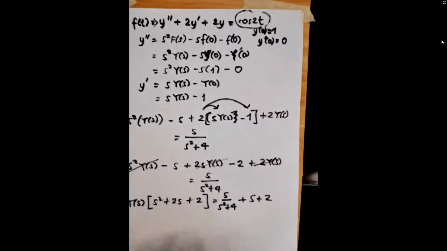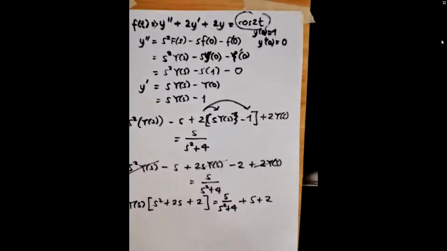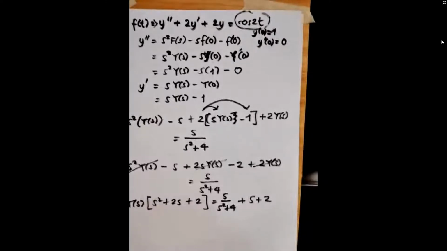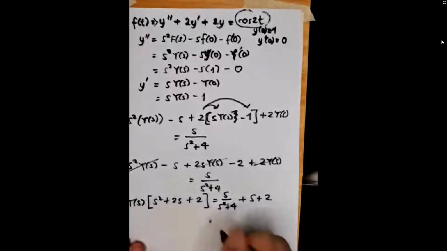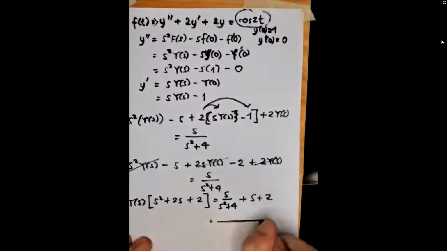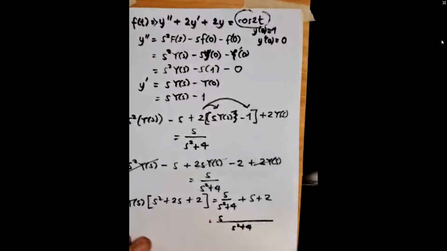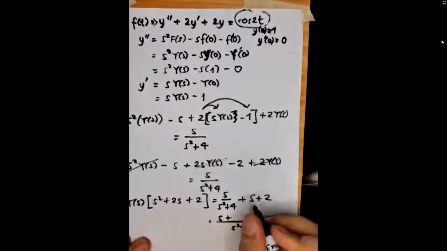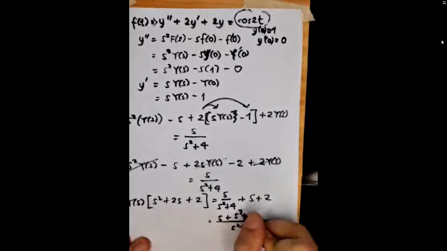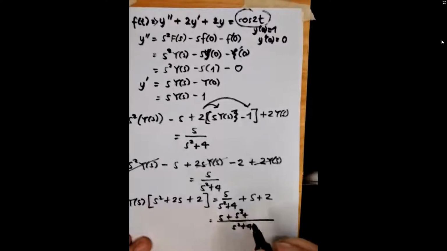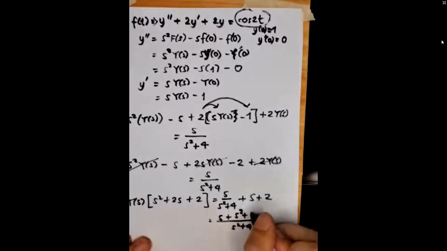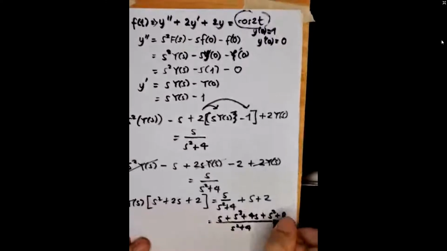Okay, and just divide this by that one. Let's add this first on the right side. So the LCD is s squared plus 4. That will be s plus s cubed plus 4s plus s squared plus 8.